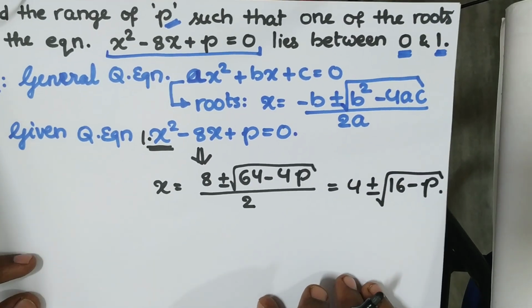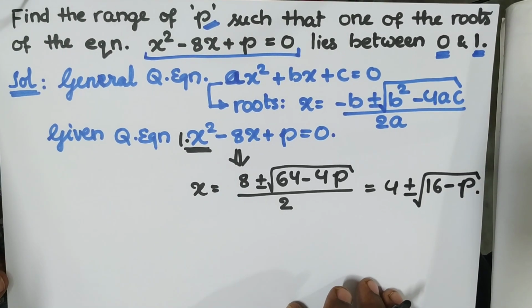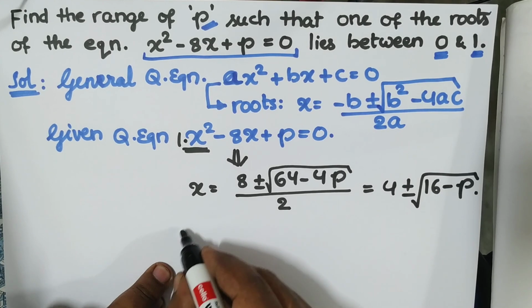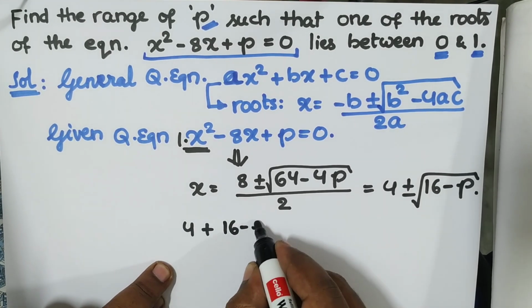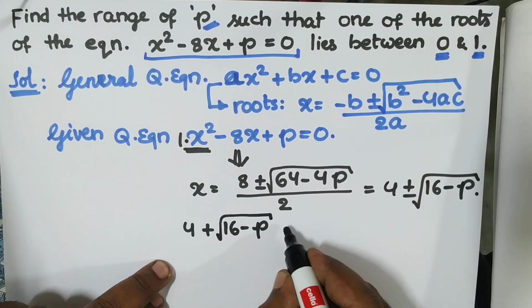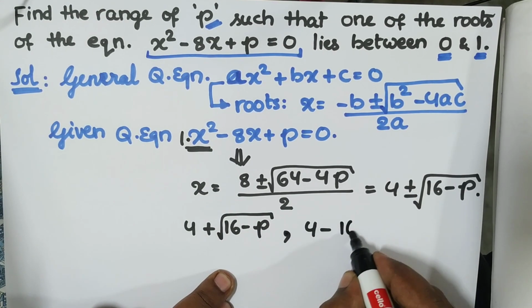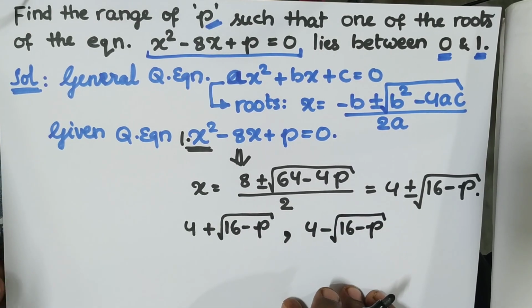So you have roots like this: 4 plus square root of 16 minus p, and one more root, 4 minus square root of 16 minus p, the second root.